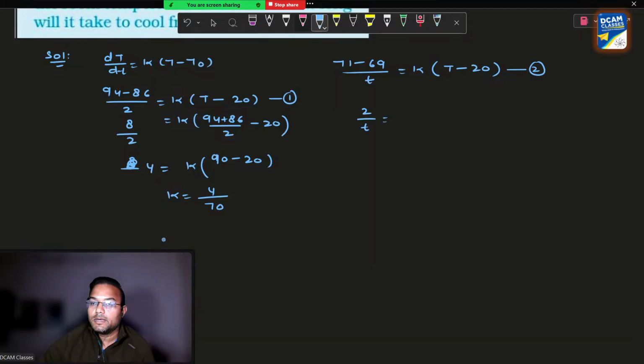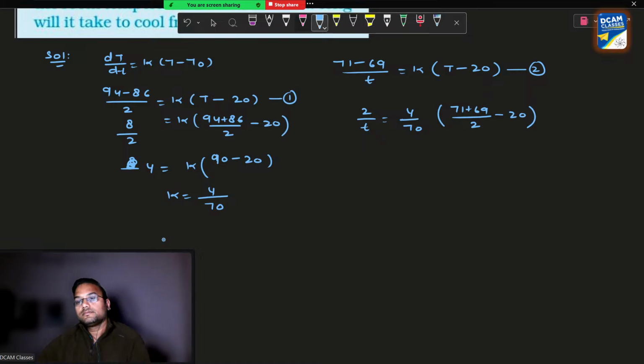2 by t is equal to 4 by 70 into (71 plus 69) by 2 minus 20, you have taken, no? That is 70 minus 20, 50.